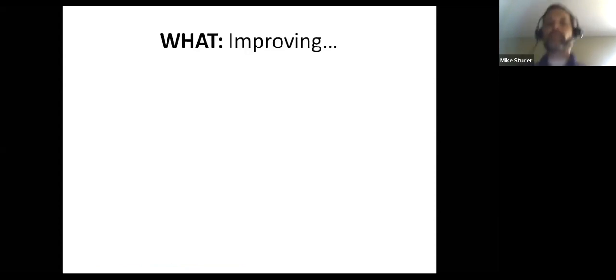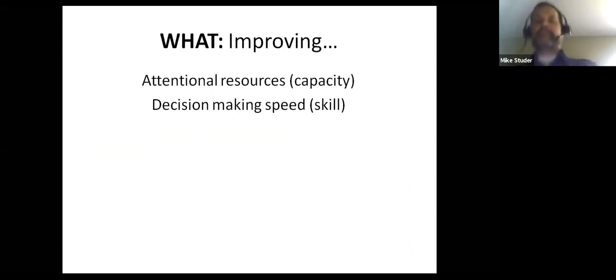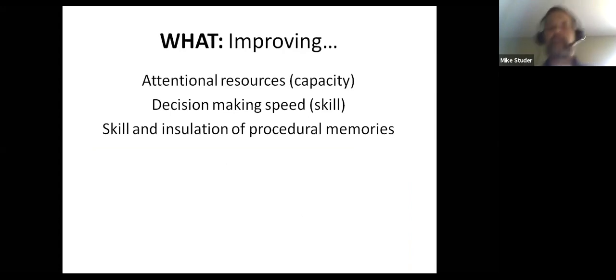So now let's move on to what? Well, what we're actually doing when we're helping someone improve in a dual task capacity is we're improving the attentional resources at the DLPFC, the speed of decision making, the skill really of that primary procedural memory, and I do mean the insulation. So the ability to insulate and protect a procedural memory under the force or duress of dual tasking.